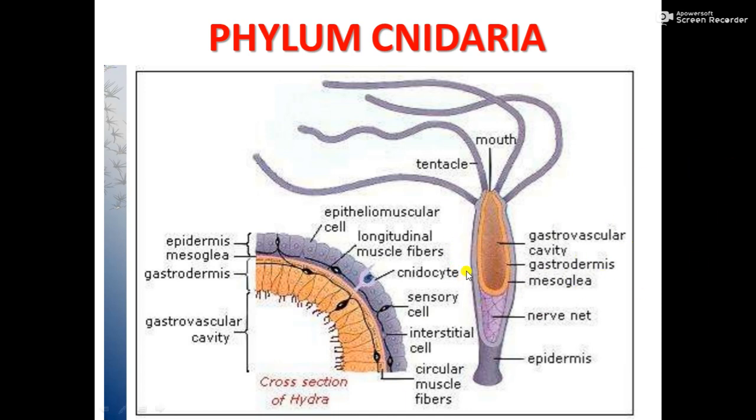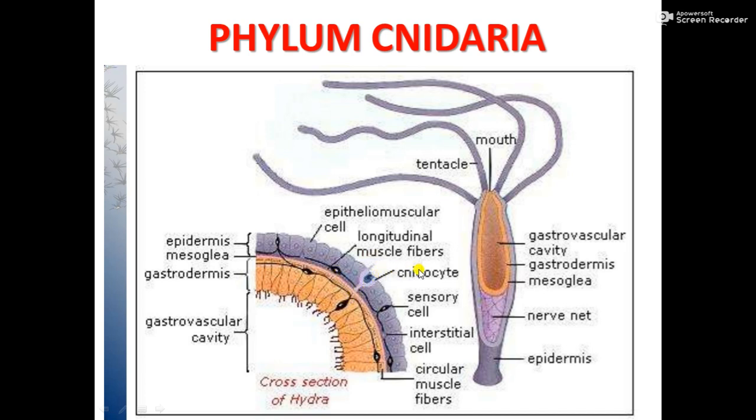Now let us enlarge a portion of it to show the details of the cellular structure. Here this is the epithelium or epidermis, the outer layer. Some cells are modified into epitheliomuscular cells, and then longitudinal muscular fibers are there. These all help them to move.